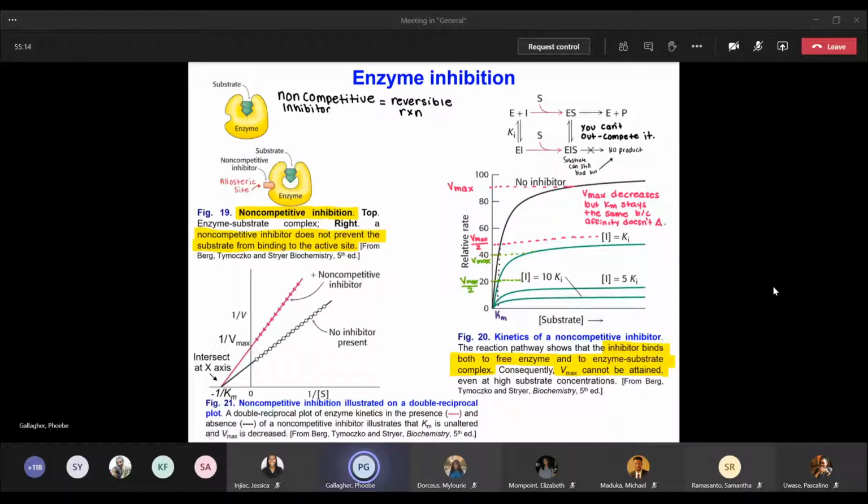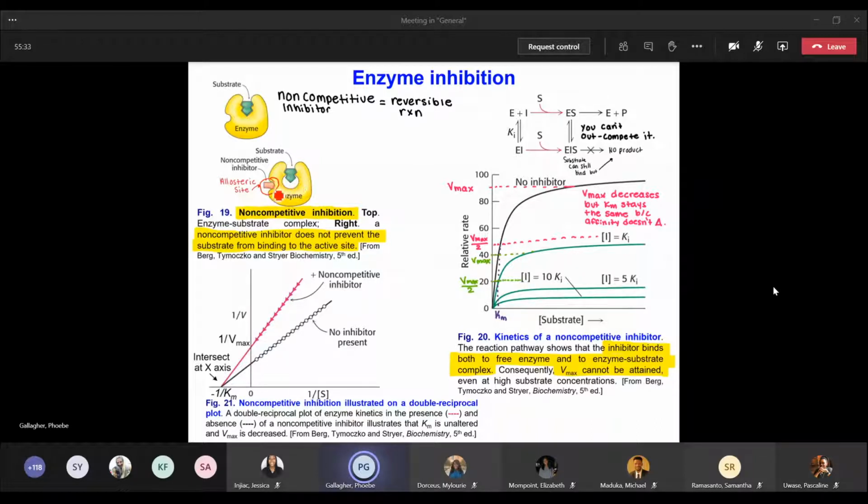Okay, so now with a non-competitive inhibitor, you're going to see that the non-competitive inhibitor will bind to an allosteric site. So it's not really going to change the enzyme's affinity for the substrate, because the substrate can still bind to the active site.